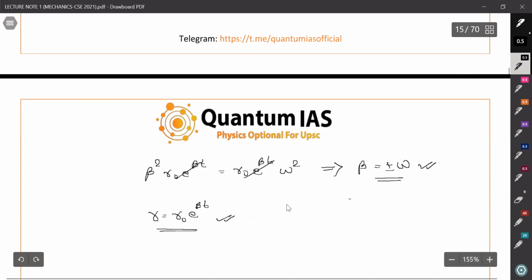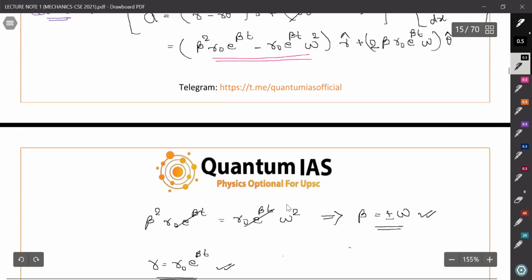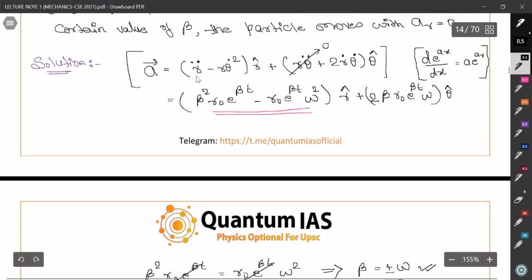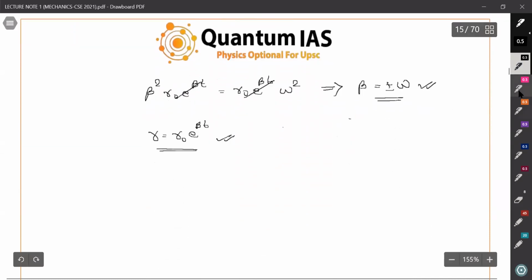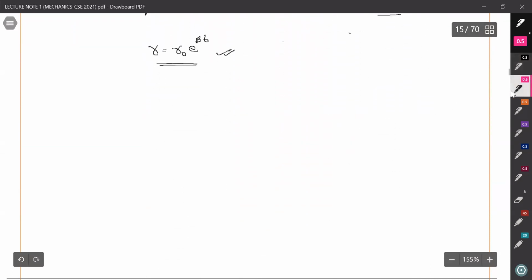One thing you should also be clear about is that this component is only due to the radial component. R varies, and theta also varies. So the radial component of the acceleration is a combination of both when we change R and when we change theta. So you should be clear on these things. This was a very easy problem.